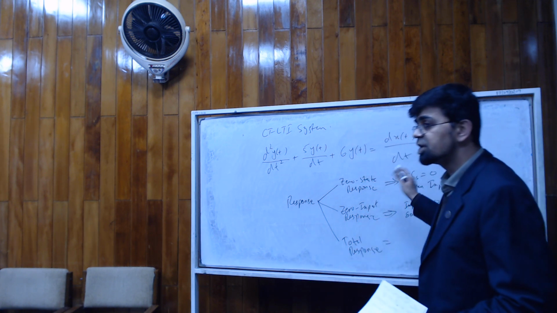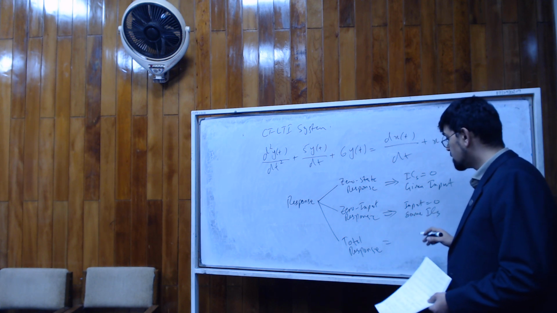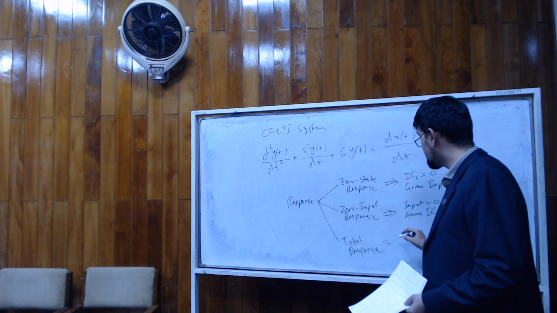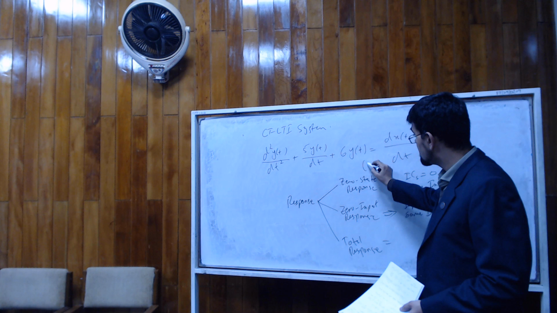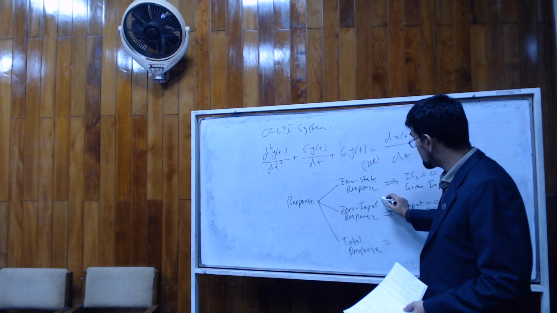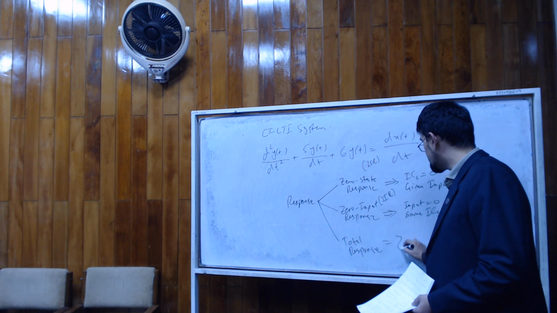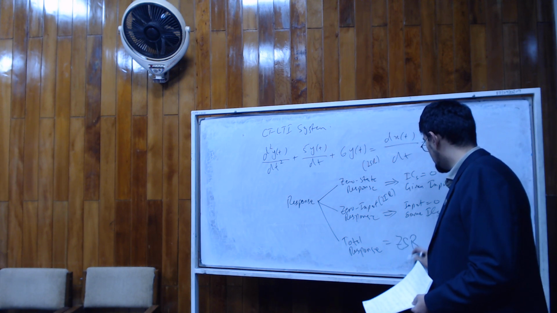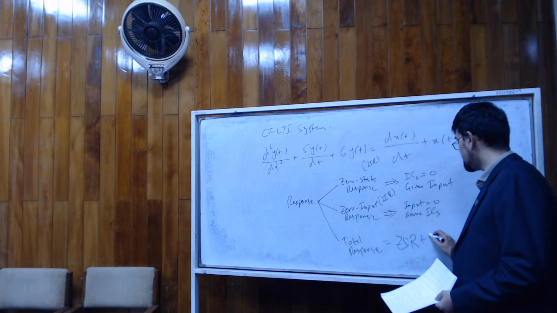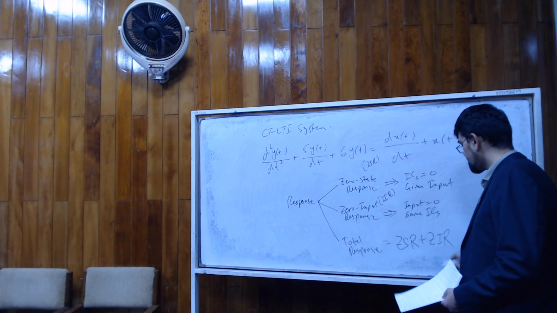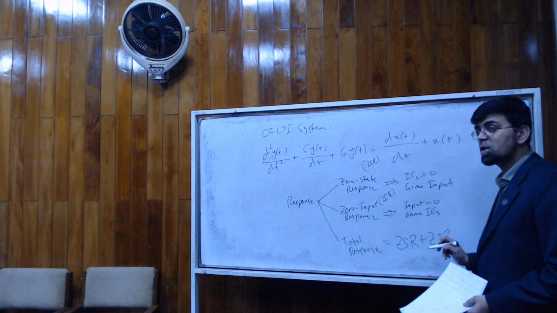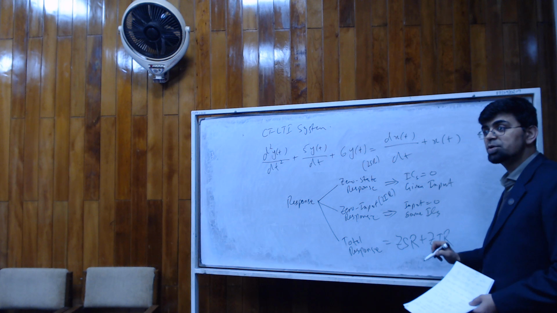We did this in detail for discrete time. So what was the total response? If we call this ZSR and we call this ZIR, then the total response, for LTI systems, is simply the sum of the zero state response and the zero input response.